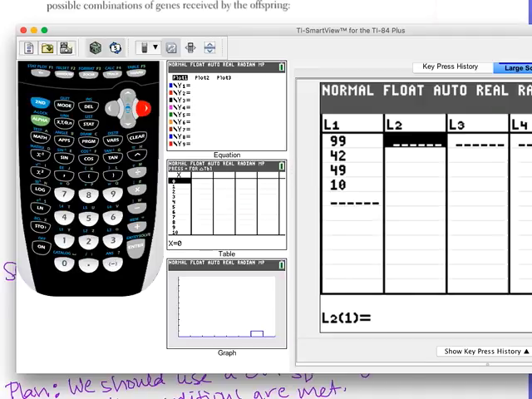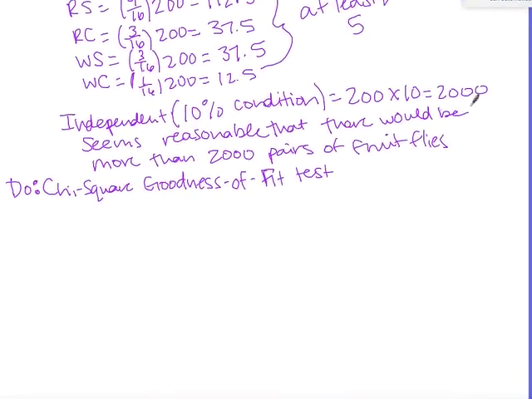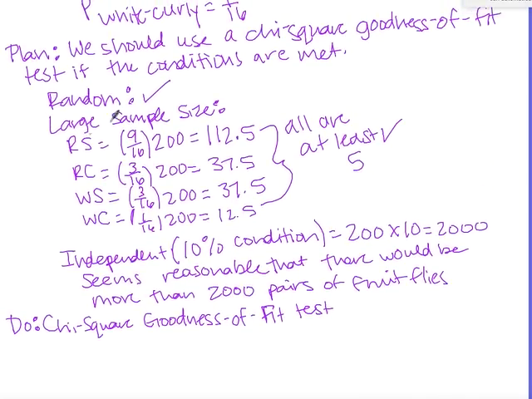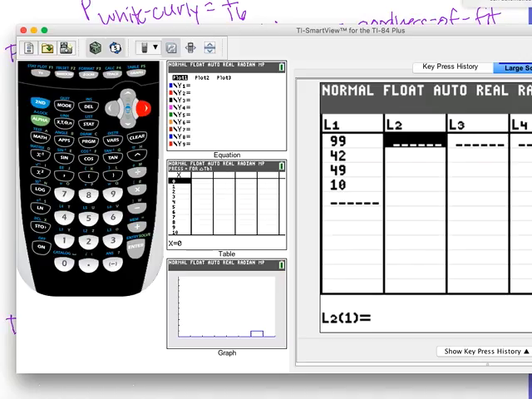Our expected would come from what we just did when we checked to see if our sample was large enough. So our first expected should be 112.5. Our second, 37.5. Our third, also 37.5. And our fourth should be 12.5.